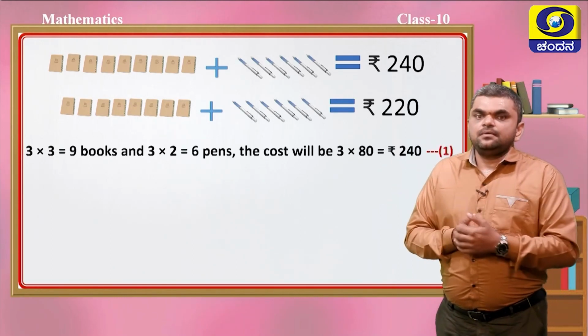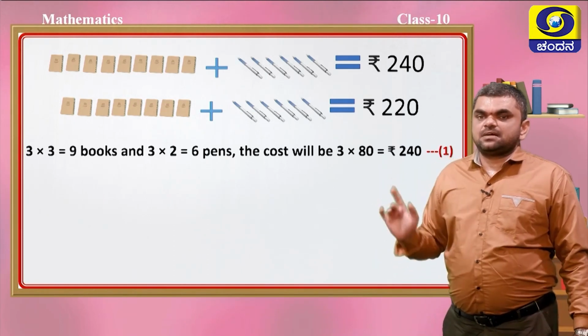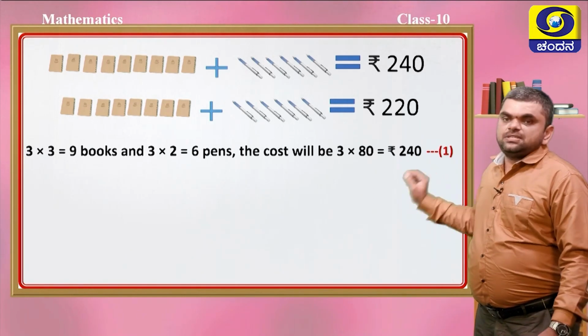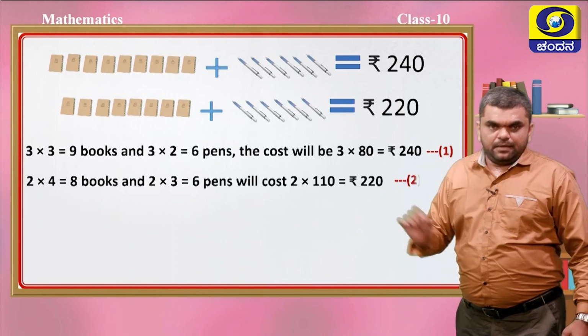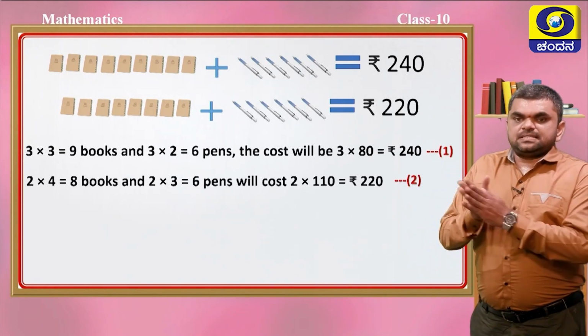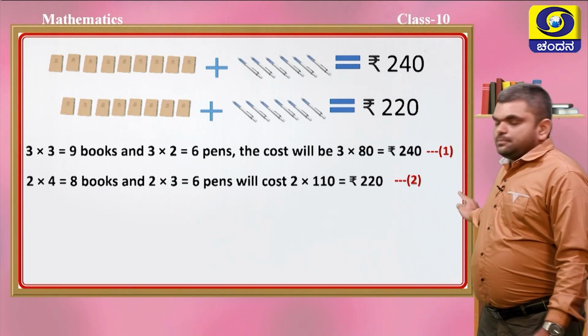Observe here children, 3 into 3, that is 9 notebooks and 6 pens cost 3 into 80, which is equal to 240 rupees here. We consider this as equation number 1, whereas 8 books and 6 pens cost 220 rupees. We consider this as equation number 2 here.